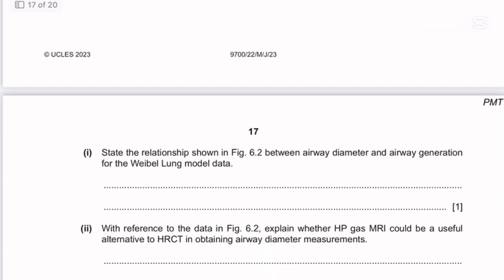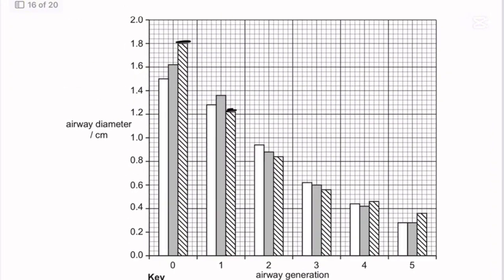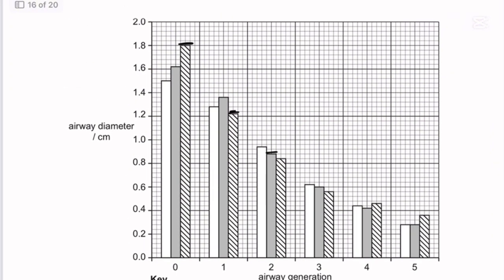He's saying here, state the relationship shown between the airway diameter and the airway generation from the Weibull-Long model. So from the Weibull-Long model in general, as you increase the generation number, you can clearly see that the diameter decreases. Yes, you can see the diameter keeps on decreasing until reaching generation 5.